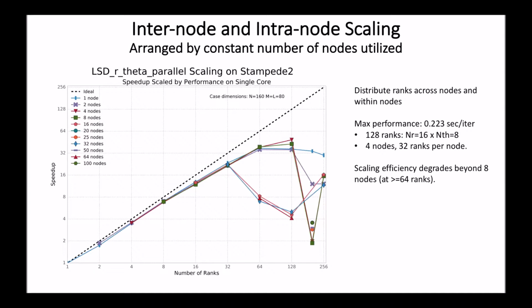So we do slightly better by decreasing the number of total ranks per node. And for internode performance, we see that scaling efficiency degrades when we move beyond using 8 nodes.